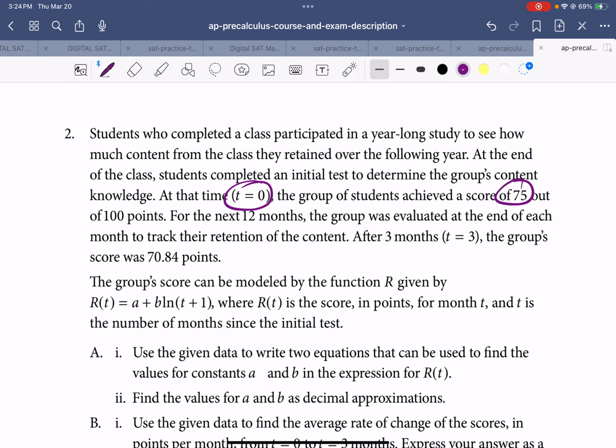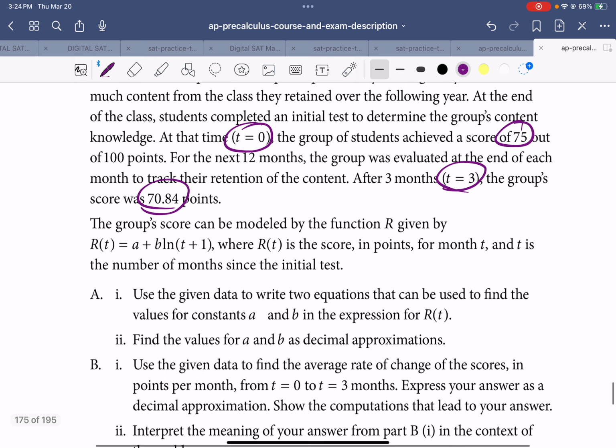And then for the next 12 months, the group was evaluated at the end of each month to track their retention of the content. After 3 months, which is t equals 3, the group's score was 70.84. So they forgot some of it, right? So they only got 70.84.